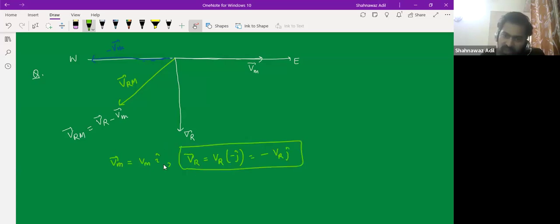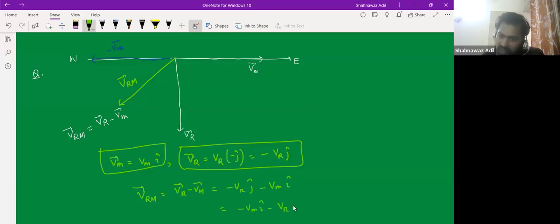If I want to calculate the velocity of rain with respect to man, this would be VR minus VM. So this is minus VR j hat minus VM i hat. So this is how we do it in the IJK form.